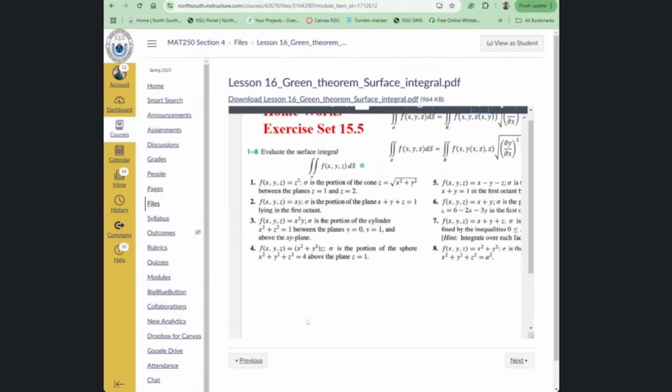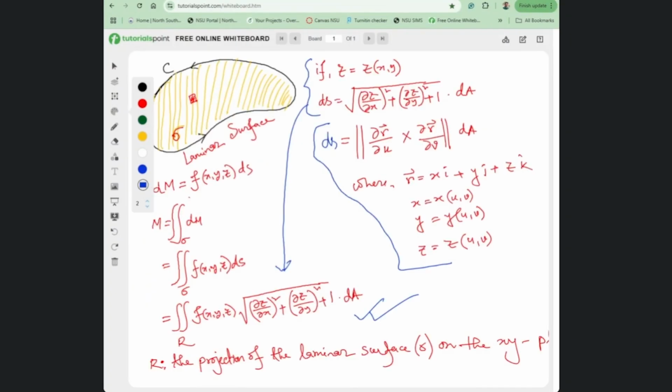Let us now look at problem number one, exercise 15.5. We need to find the surface integral where sigma is the portion of the cone between the planes z equals 1 and z equals 2. We need to draw the graph a little bit. If we want to follow this formulation, we need the information del z by del x and del z by del y.